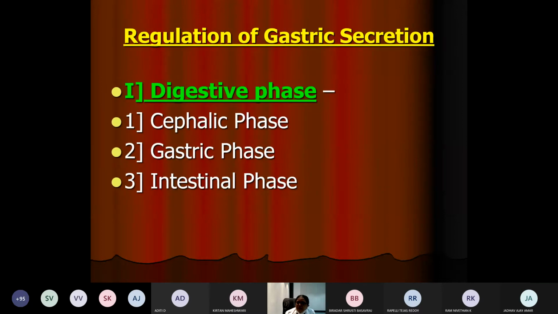So regulation of gastric secretion, digestive phase. The digestive phase has three phases: cephalic phase, gastric phase, intestinal phase. Remember, cephalic phase, gastric phase, intestinal phase.